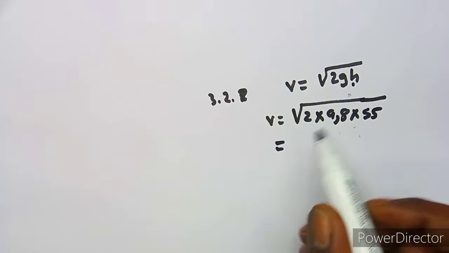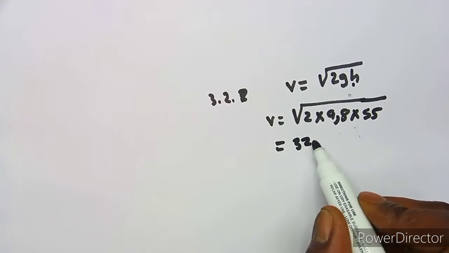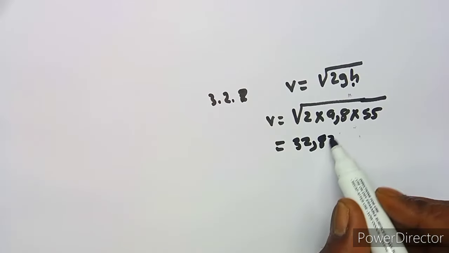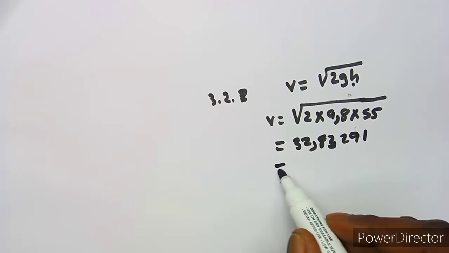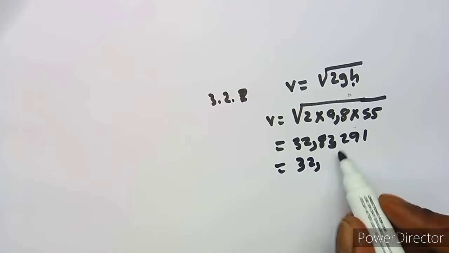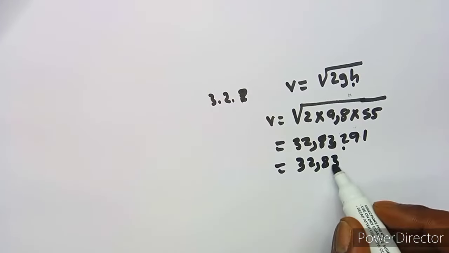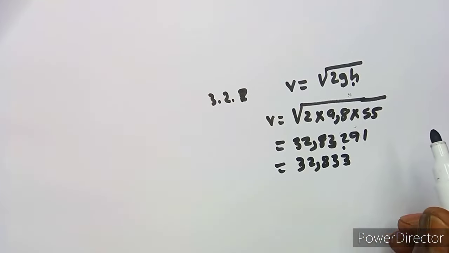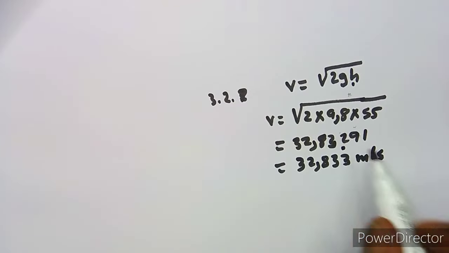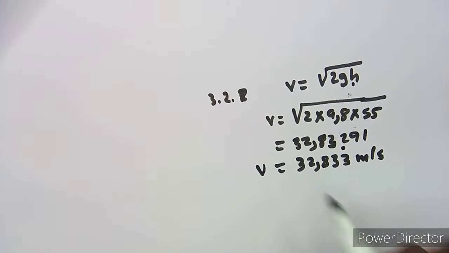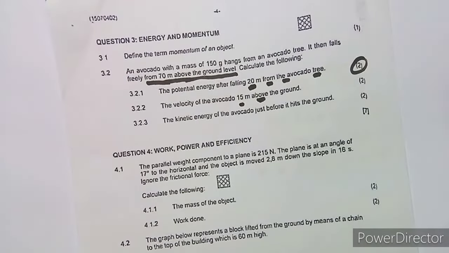That is going to give us 32.83, something like that, which we just round off to 3 decimal places as per instruction, which is 32.833. According to the information that you'll be having, that's what is important, guys. It's very, very important to know that.